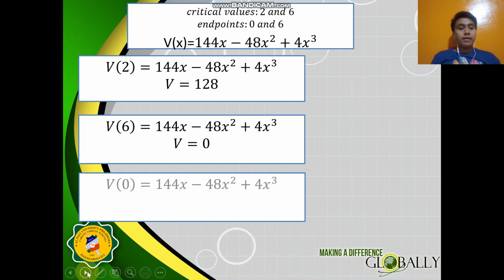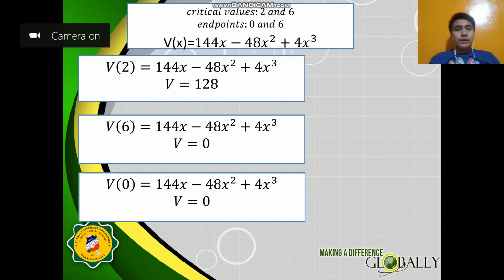And lastly, when the value of x is equal to 0, this will also give us 0. Based on the values of V, what do you think is our absolute maximum? Okay, very good.